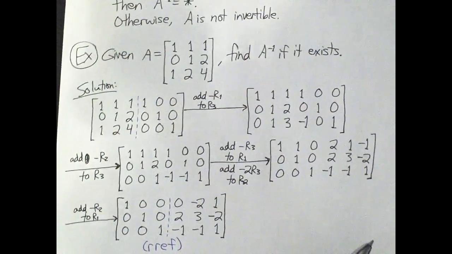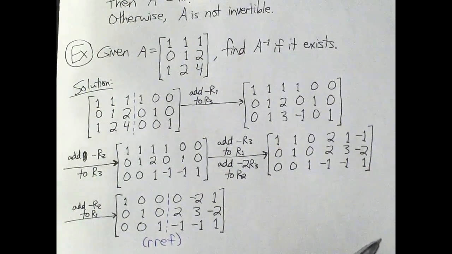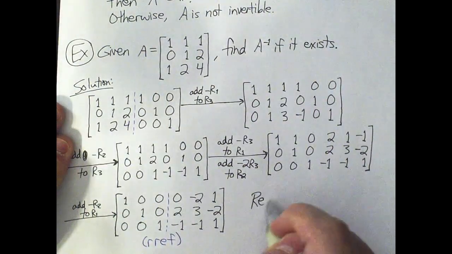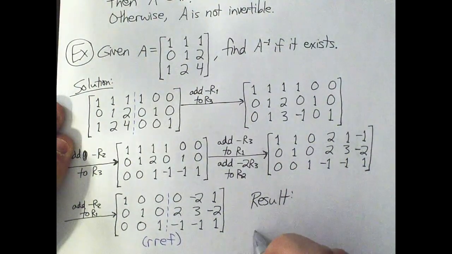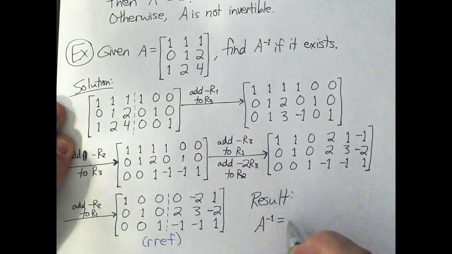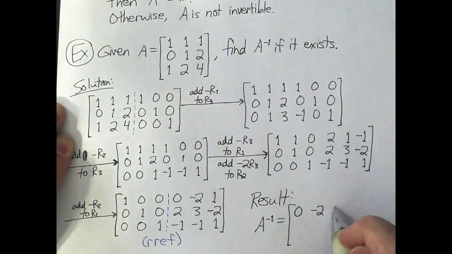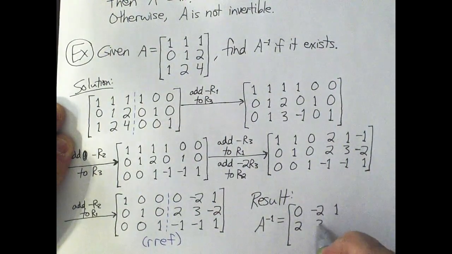Step 3, which you can just barely see at the top, says if step 2 reduced us into the form [I | something], then A inverse equals that something. So the result is that A inverse equals the 3 by 3 matrix that we found as a result of step 2.